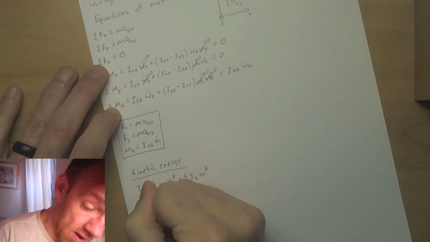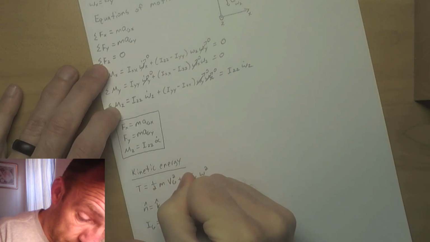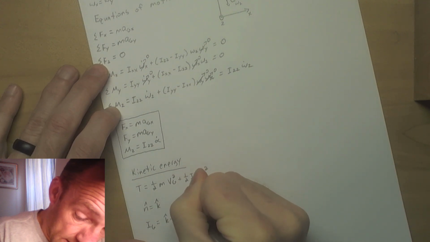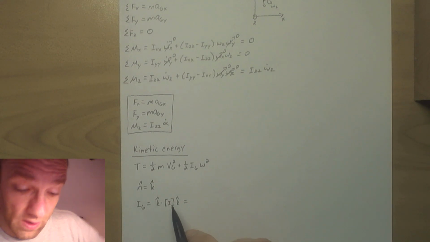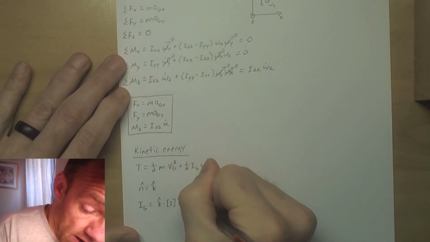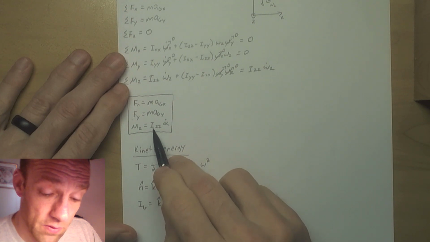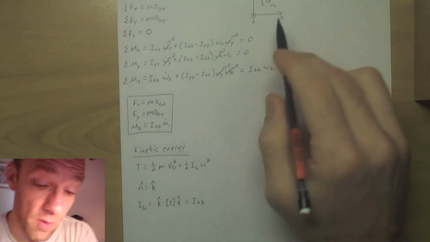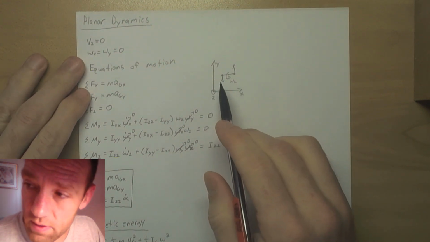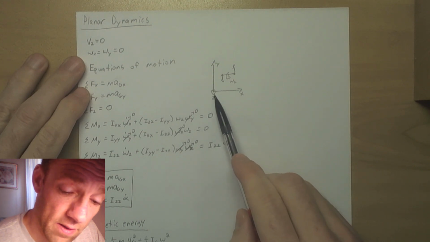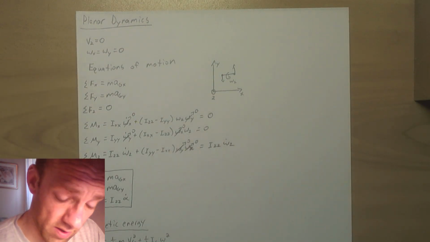So if n is k, then this is basically just that IZZ, as long as the ZZ component of the inertial tensor, or the principal axes, if the z principal axis is aligned with the z inertial axis, that's where the ZZ comes from.